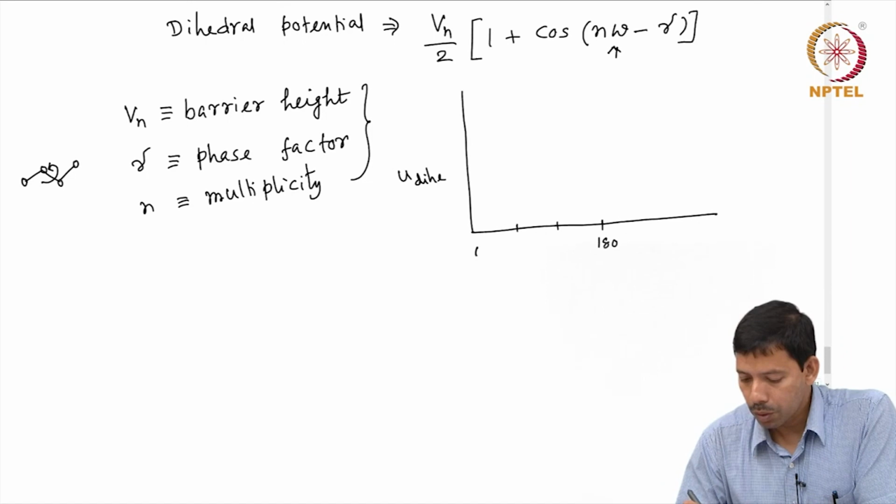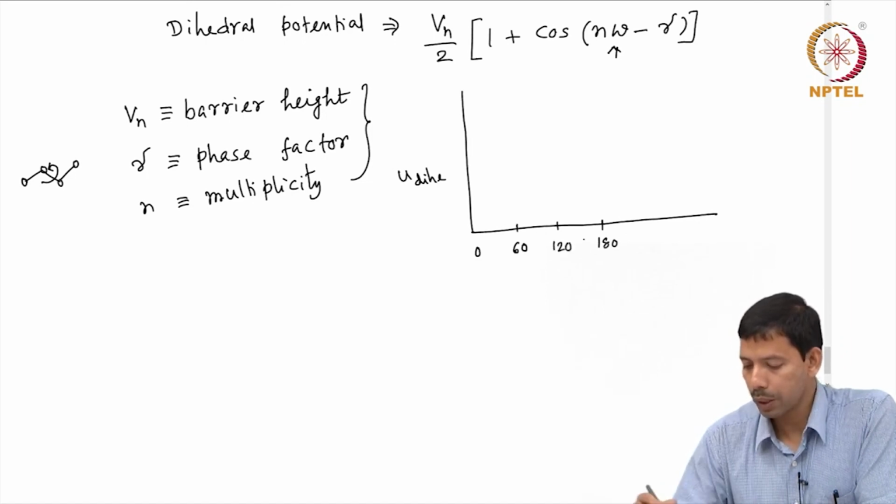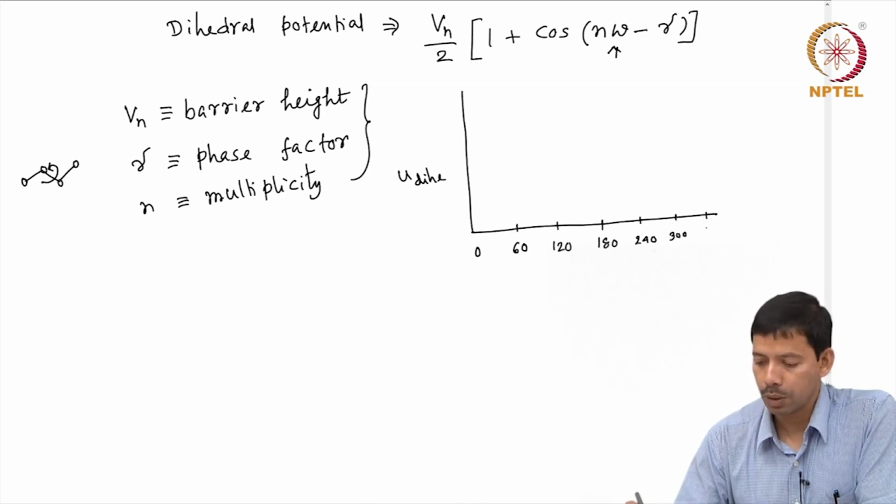So this is my 0, 60 degrees, 120, 180, 240, 300 and 360.